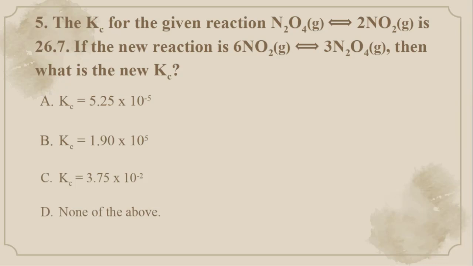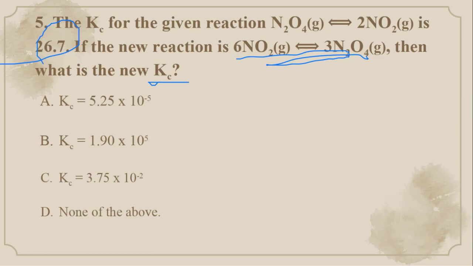But back to Gen Chem, I guess. So the Kc for the given reaction is 26.7. And if the new reaction is S, then what is the Kc? So what's happening to this reaction to take it from the original to this one? What's the changes? Yeah, exactly.